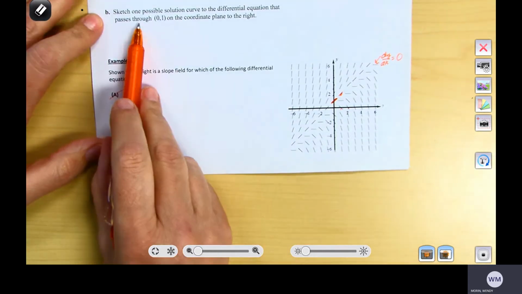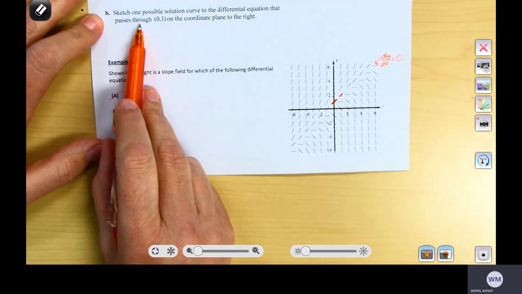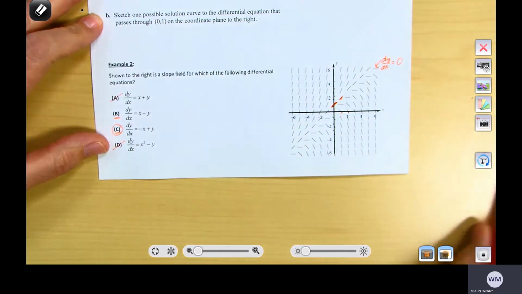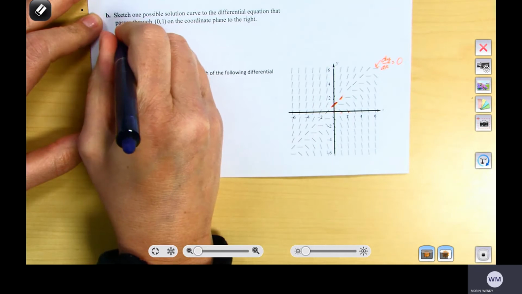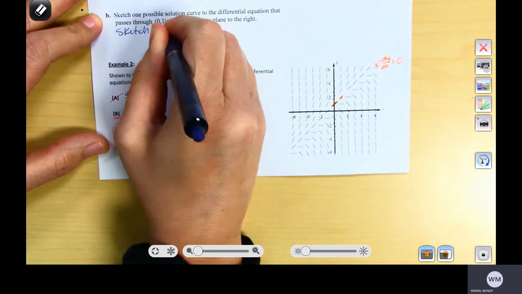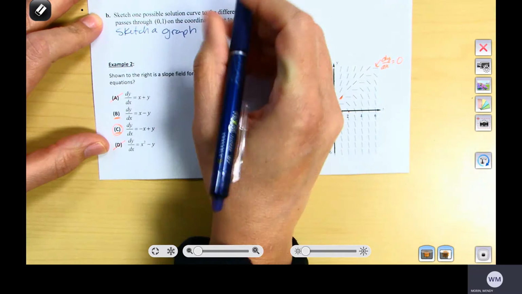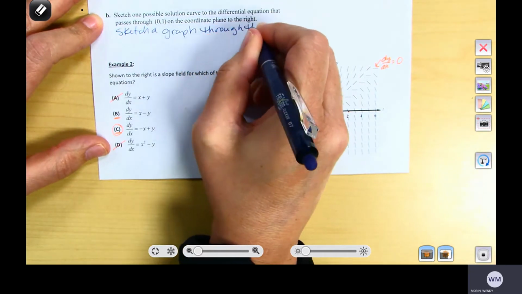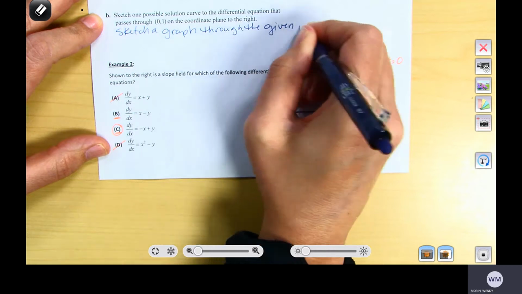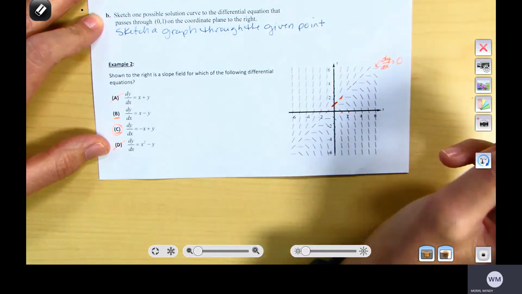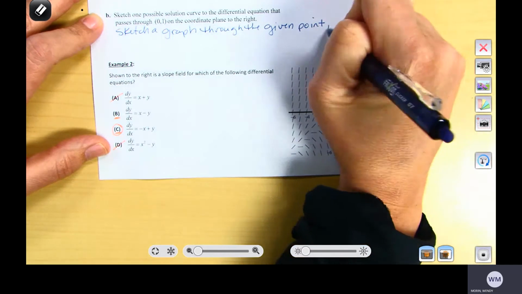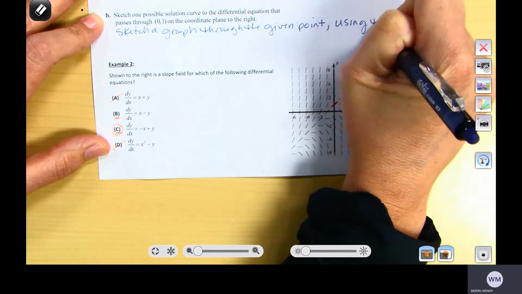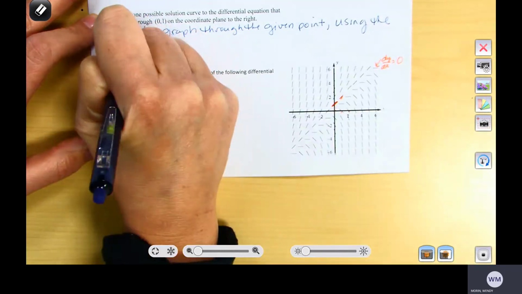So let's go back up to here. What did I do to sketch a possible curve? What we did was we sketched a graph through the given point, and we're also using these short line segments.